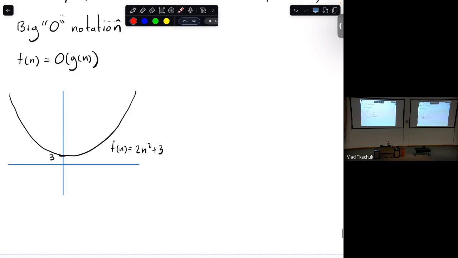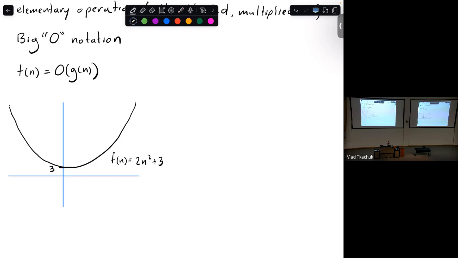The example of how this works is we're going to say that 2n squared plus 3 is, maybe I'll write it more formally. People use equals, but really this is a set of functions, and we're going to say it's an element of this set.